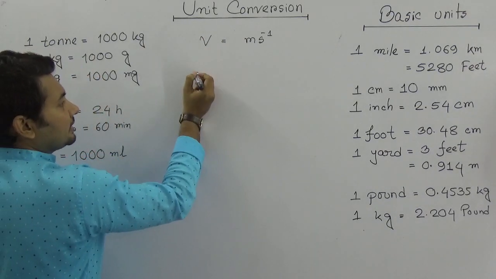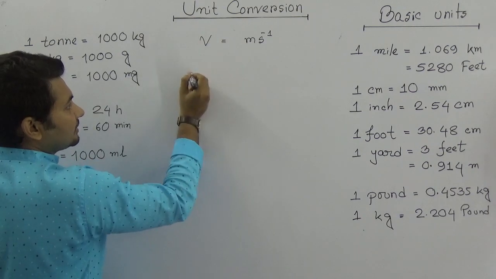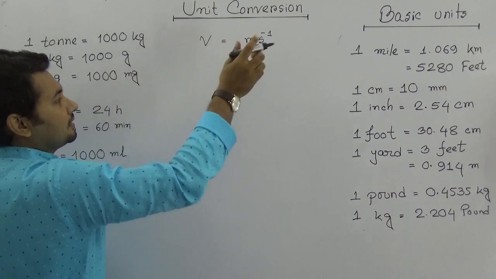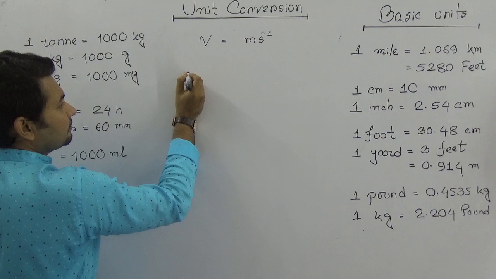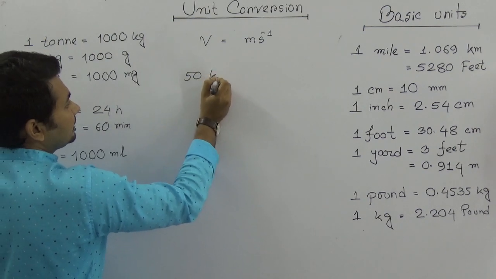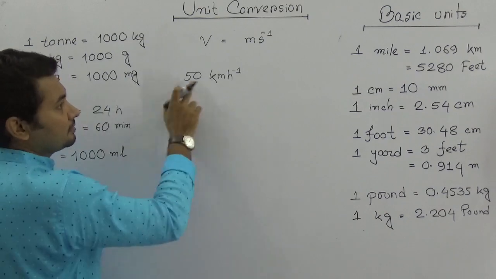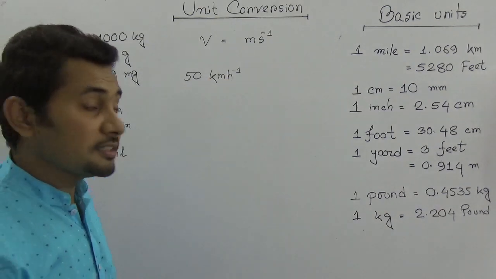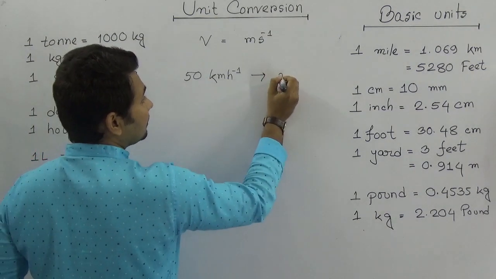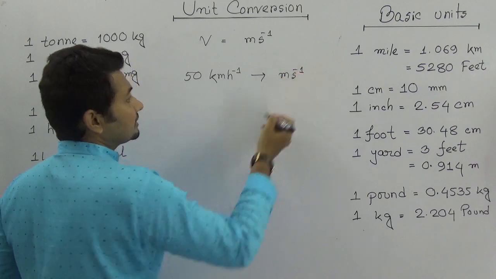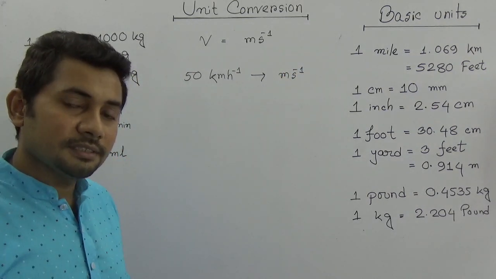Now think that a car is moving at 50 kilometer per hour. Now we need to convert kilometer per hour to meter per second. How will we do it?